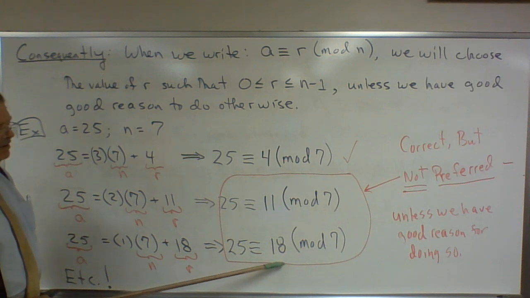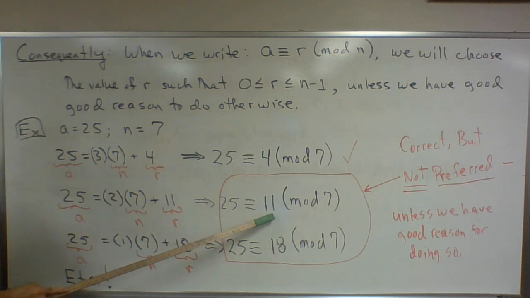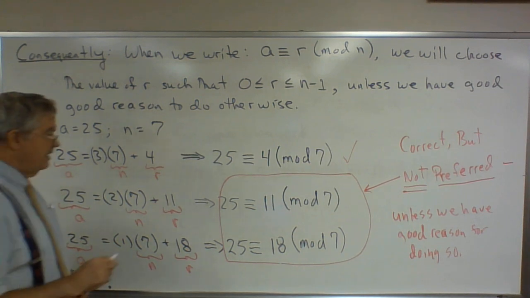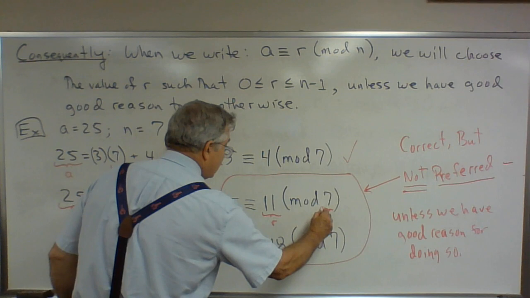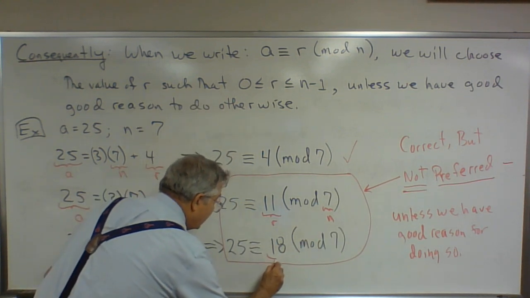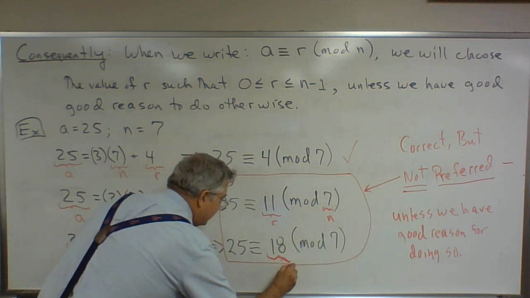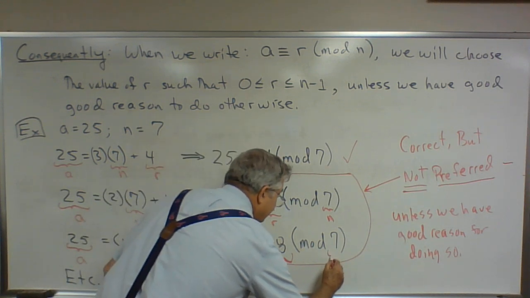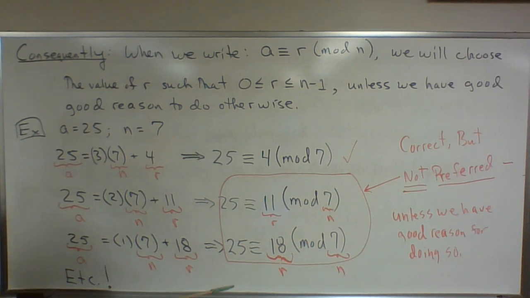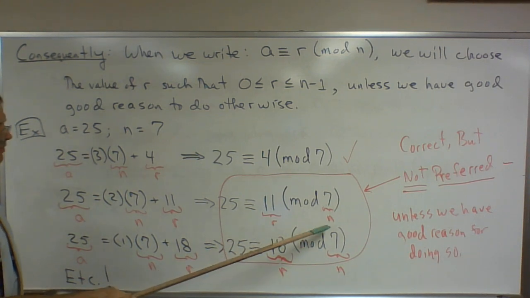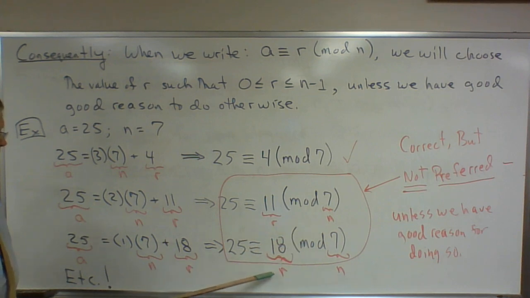We don't typically write it in this form or this form because here's my R, here's N, here's R, here's N. Here's why they're not kosher. The remainder is greater than the divisor. The remainder is greater than the divisor.